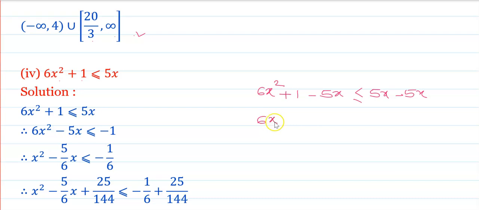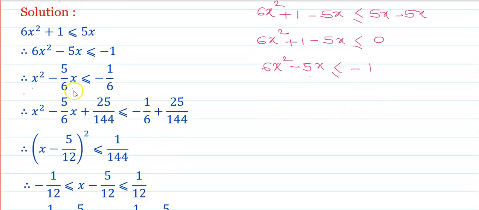Now here you will get 6x square plus 1 minus 5x less than or equal to 0. Next, subtract 1 from both sides. Then here you will get 6x square. If you subtract it, plus 1 and minus 1 will get cancelled. You will get 5x. Okay. And less than or equal to minus 1. And the next is divide this inequality by 6. Then you will get x square minus 5 by 6 x minus 1 by 6.